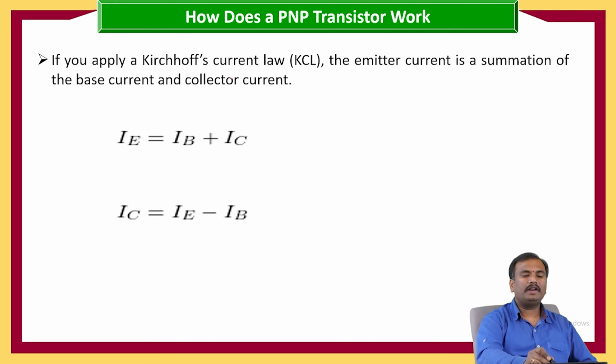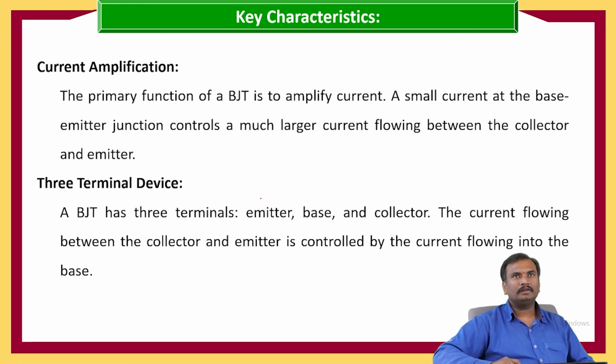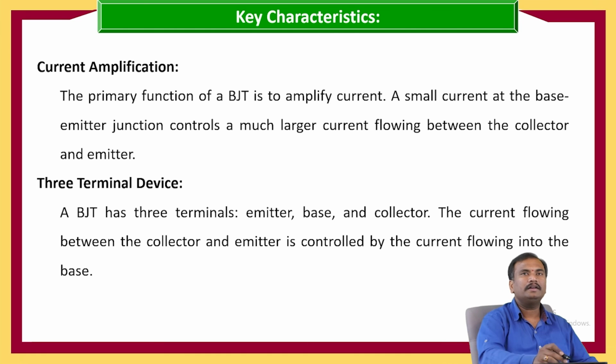Here if we apply Kirchhoff's current law, the emitter current is a summation of the base current and collector current. IE is equal to IB plus IC, and IC is equal to IE minus IB. Now the major key characteristic of the transistor is current amplification. The primary function of a BJT is to amplify the current.